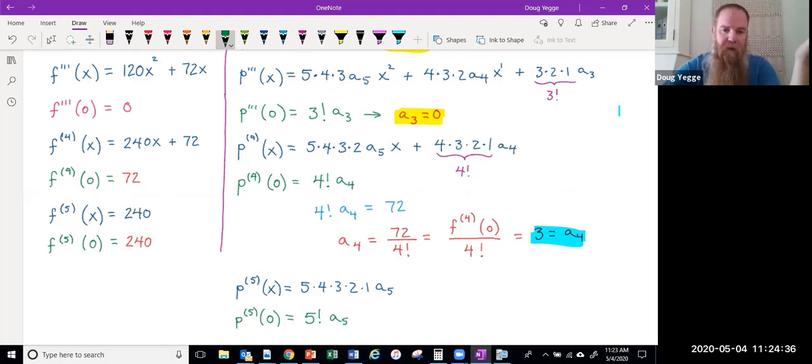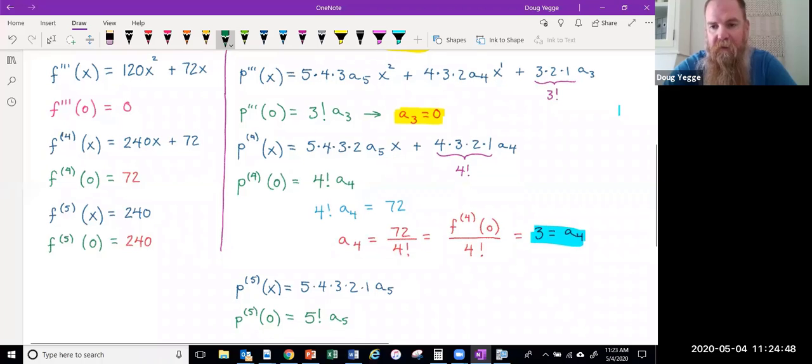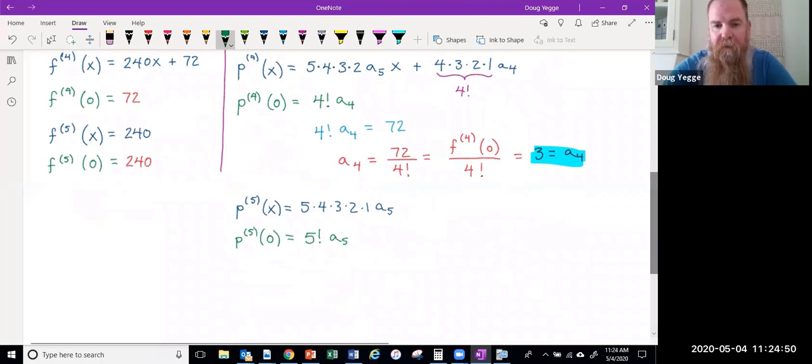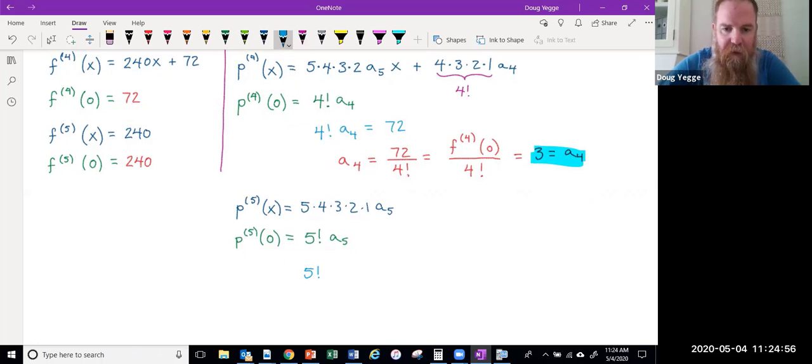Well, that's important because I know that my fifth derivative at 0 is supposed to be 240, but I also know that my fifth derivative of my Taylor polynomial is 5 factorial times the unknown constant. So that must mean that 5 factorial times my unknown constant is equal to 240.